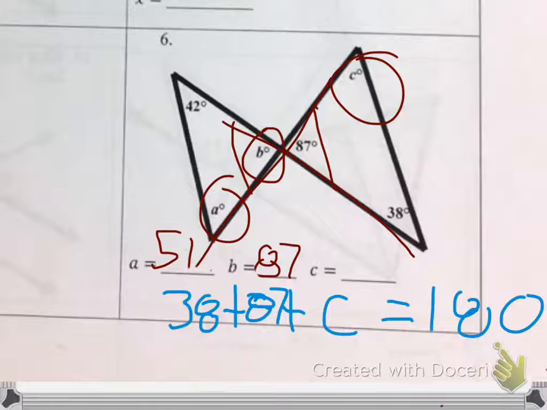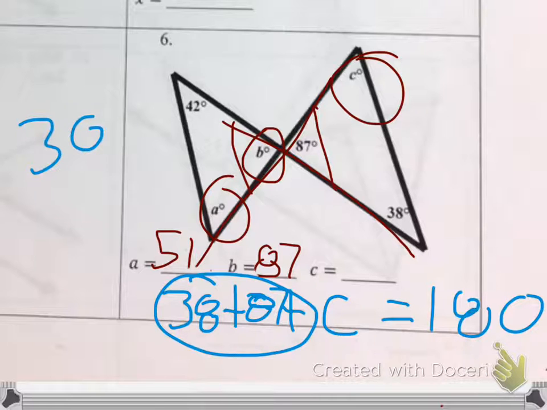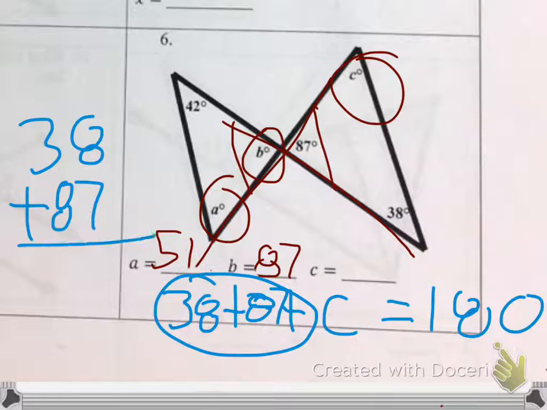Now we're going to add the like terms, which are these two. 38 plus 87 equals 125.